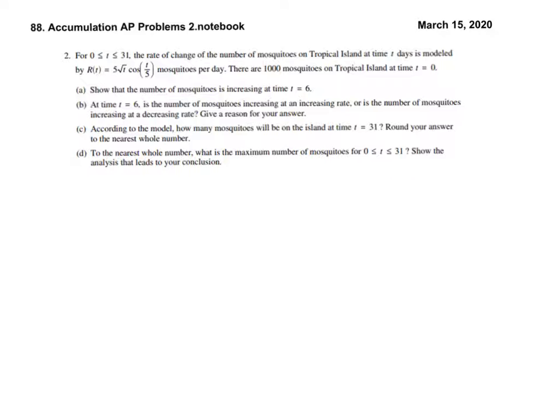All right, letter D. To the nearest whole number, what is the maximum number of mosquitoes? And this is why I like to make that form. I like to write out the total equals. So total, that's like my equation, equals 1,000 plus the integral from 0 to t this time of r of t dt.